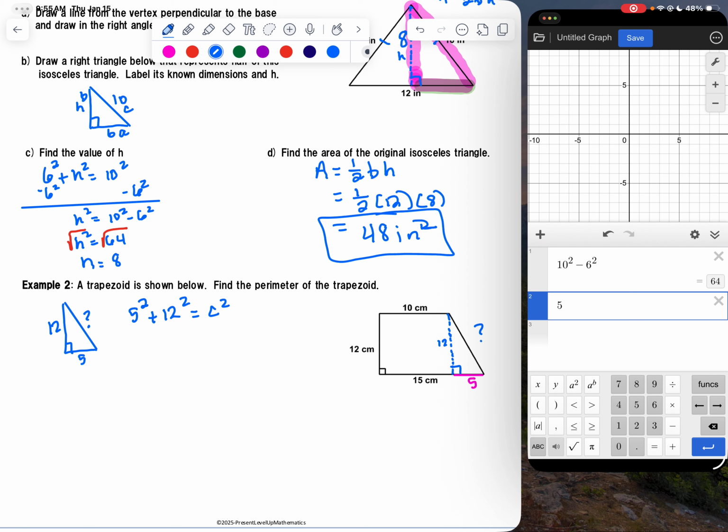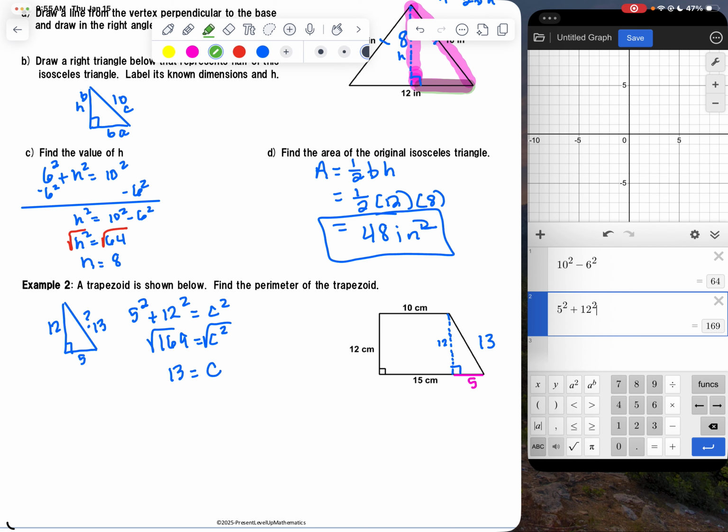So let's put that in our calculator. 5 squared plus 12 squared is 169, which is equal to c squared. And then take the square root of both sides. The square root of 169 is 13. So now I know the length of this diagonal is 13, which means this is 13.